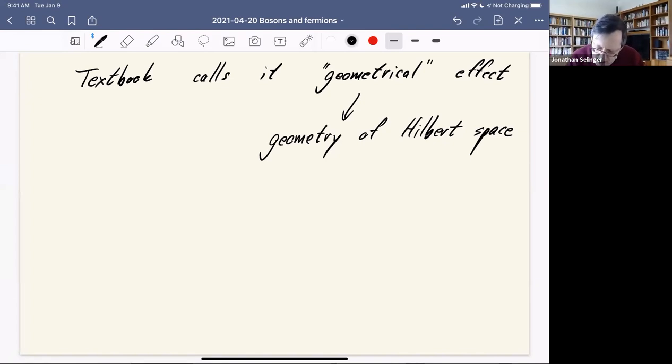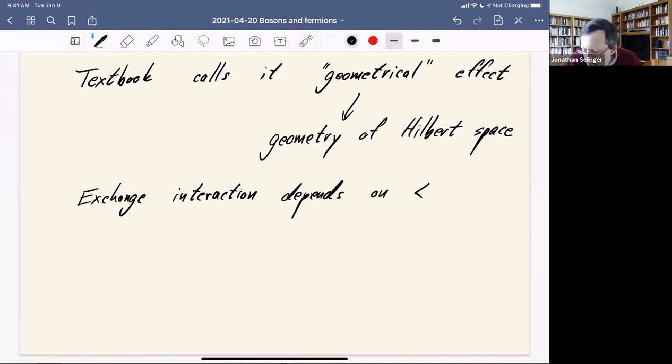And one other point that the textbook makes is that this exchange interaction depends on the matrix element that we calculated.